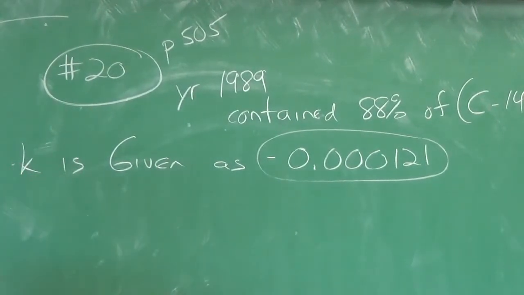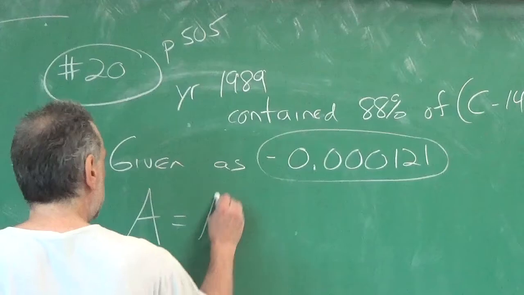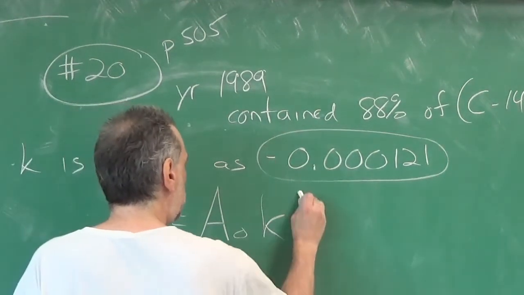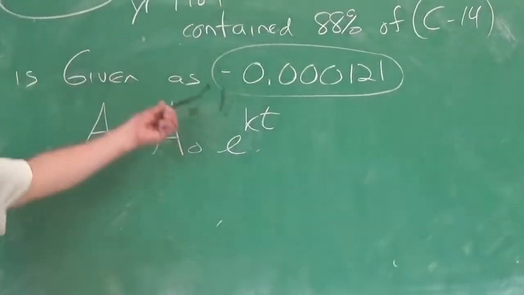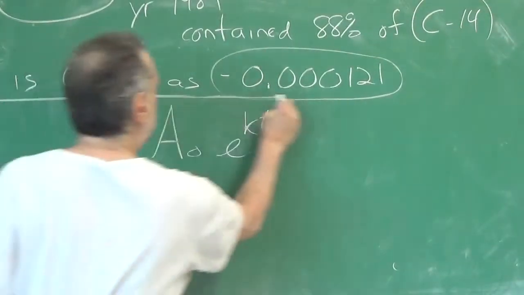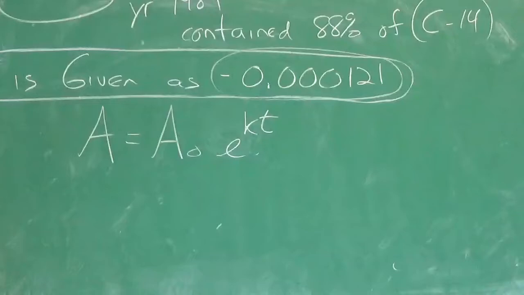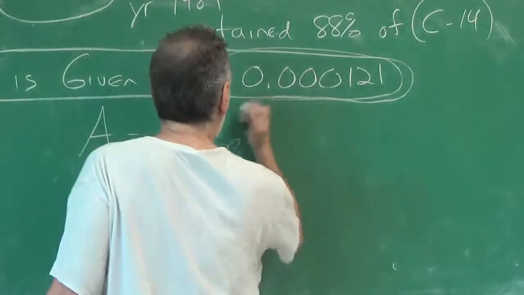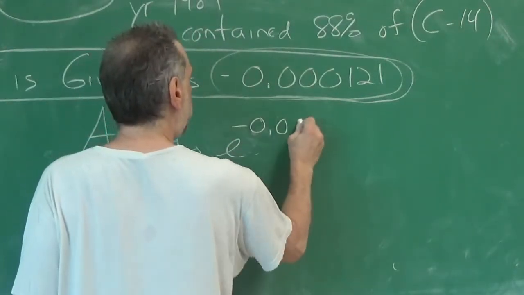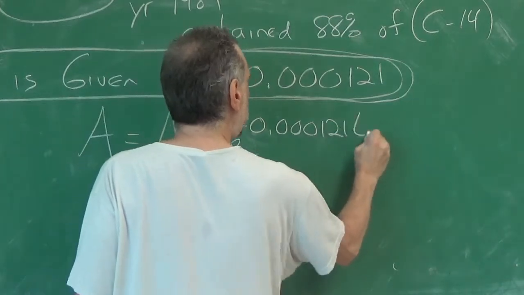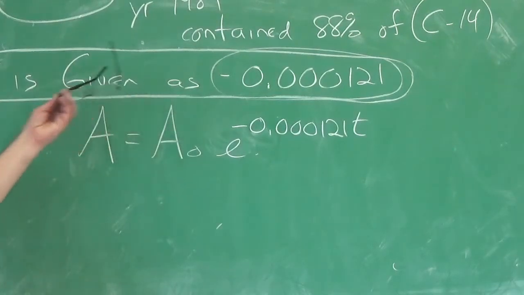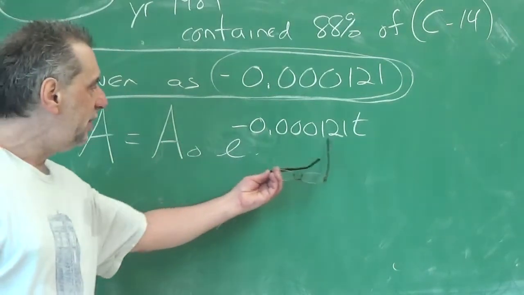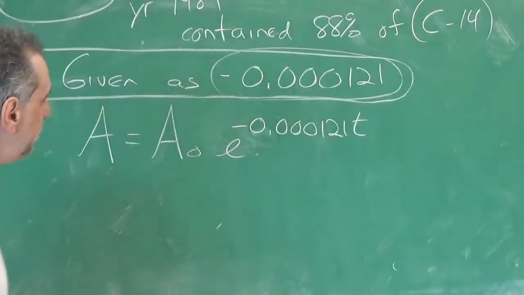So we're talking about radioactive decay here, so we're looking at this formula, as usual. And we're given the K value, right? So we can plug that K in and say negative 0.000121 t. That's our exponential decay formula. Original amount, final amount, rate of decay, number of years.